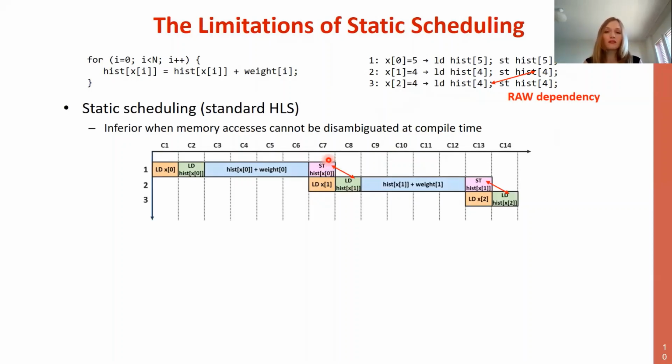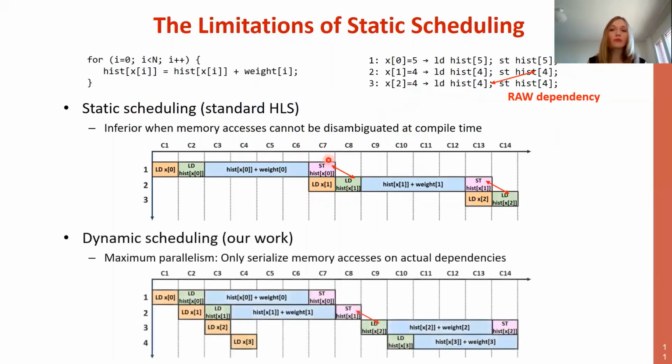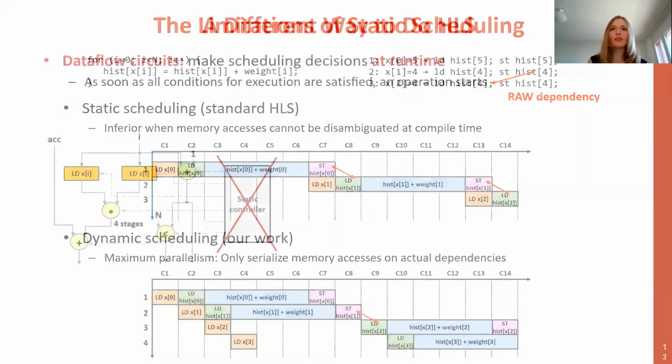Of course, this results in low performance, and what we would like to do is something like the schedule below. Here, loop iterations that are independent are perfectly pipelined, and only when a dependency actually exists are we postponing the load until the previous store completes. And this is the type of behavior that we would like to achieve.